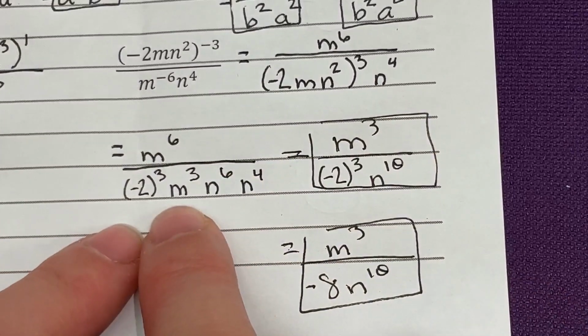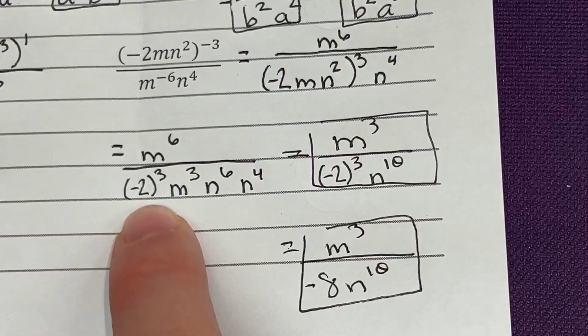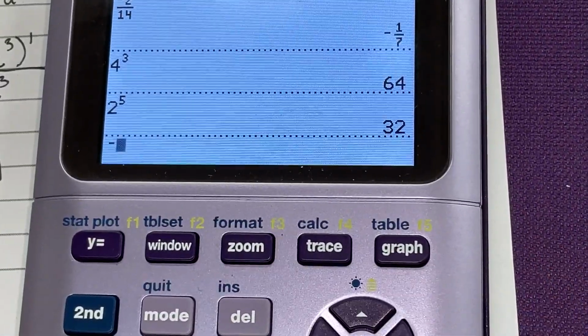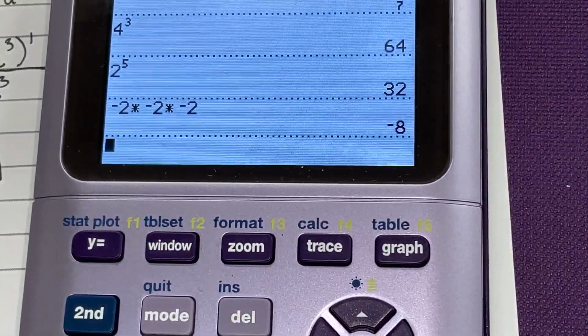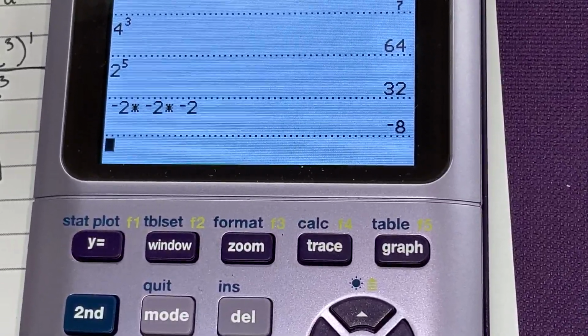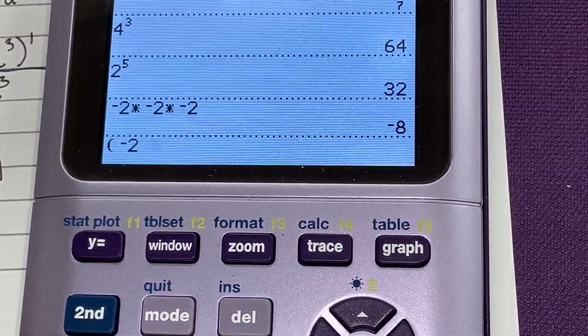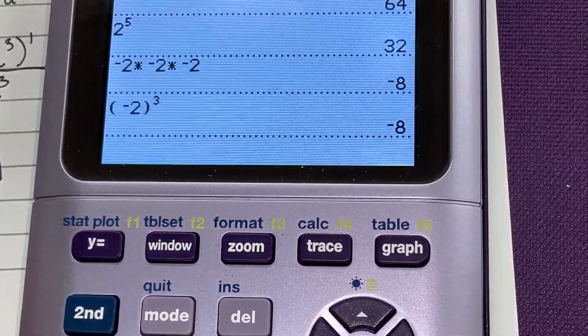Then I distributed to the parentheses, and I kept this in parentheses because we have to be careful, right? If you multiply negative 2 three times, you get a negative 8. And if you don't put your answer inside parentheses when you cube it, you could get the wrong answer.